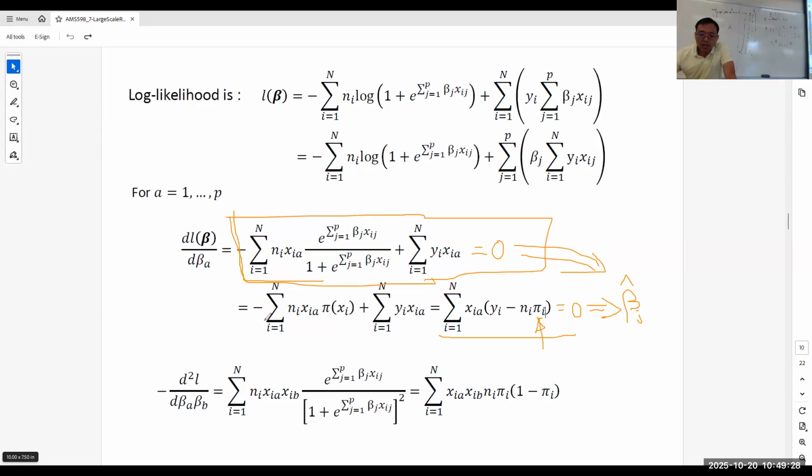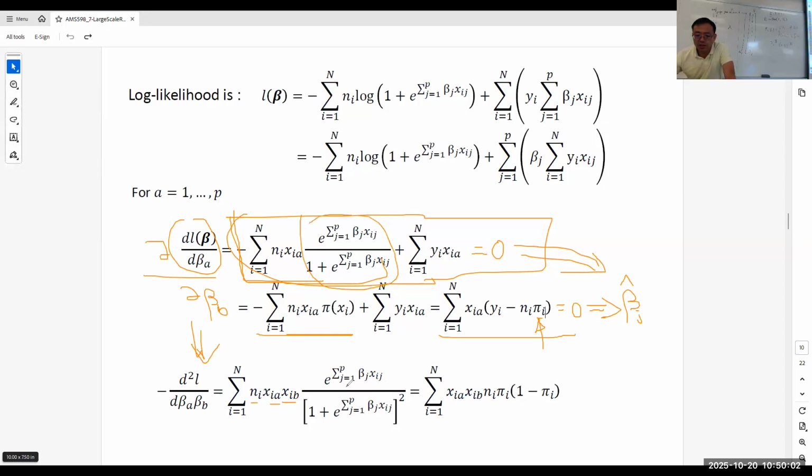In that case, we can take the second order derivative, with respect to beta b. We take the derivative with respect to beta b again, which gives the second order derivative. Essentially, this term is just ni xia xib, with a division.